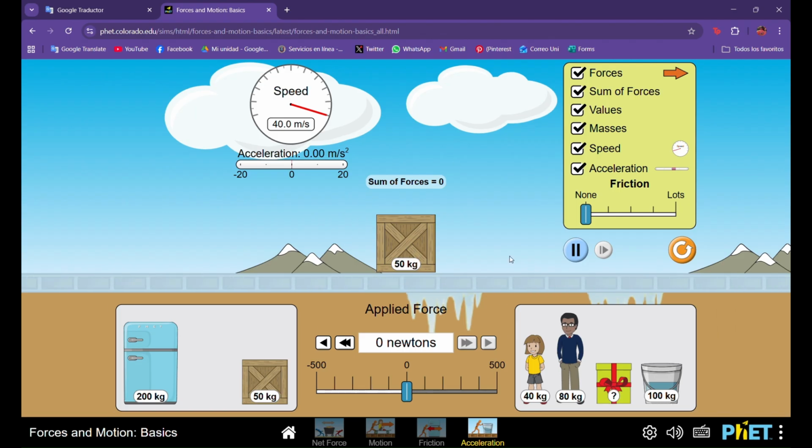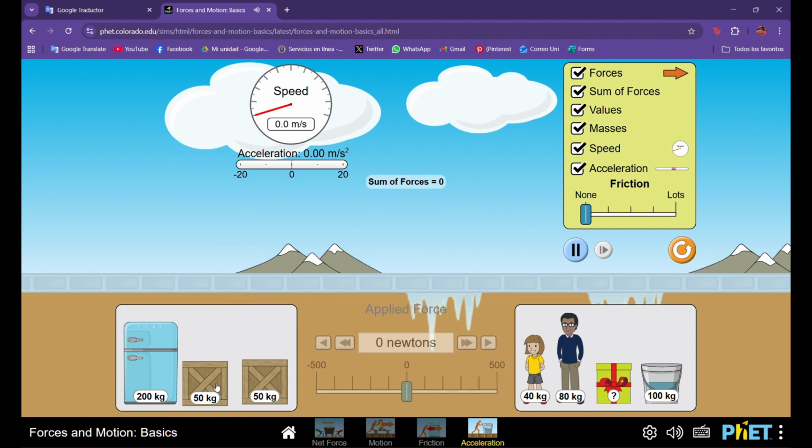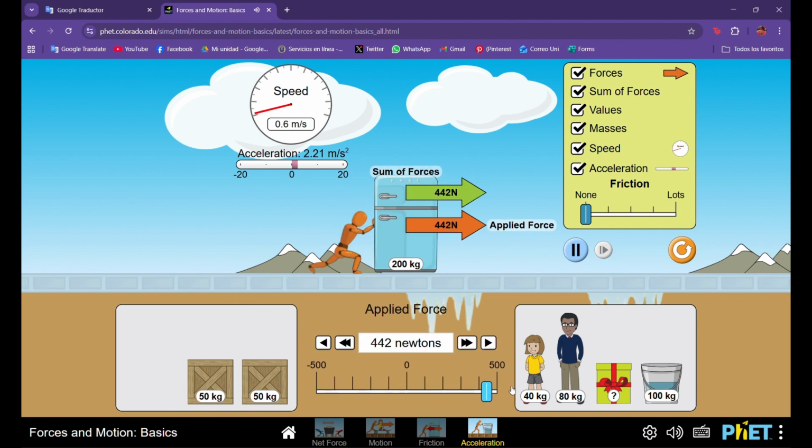Why? Because this mass is lower than the fridge mass. Even if I apply all my force, the acceleration will be lower, which is 2.5 meters per second squared.